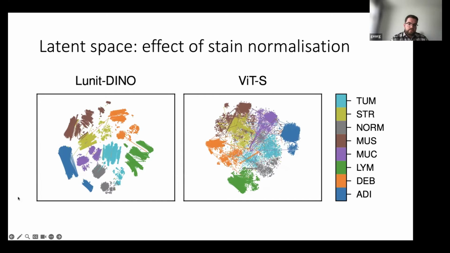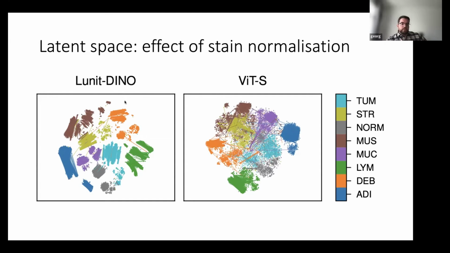So every line basically corresponds to a pair of an original feature vector and its stain normalized version. So having a lot of long lines means that performing stain normalization makes the features jump a lot in latent space, which would mean that the feature extractor is less robust to stain normalization.